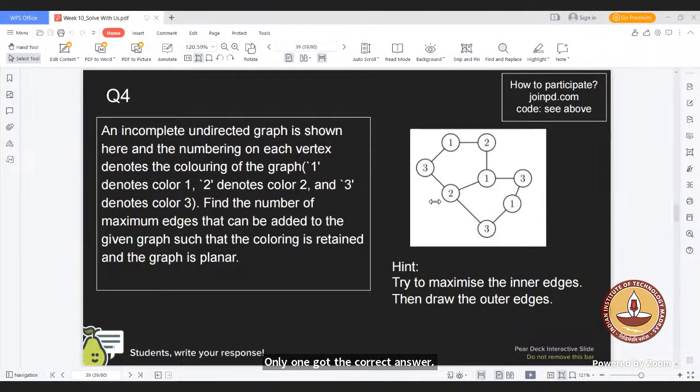No, outer edges also can't intersect. No edges can intersect. Okay. If we consider the three colors as a matrix, 3 by 3, can you find the answers? No, you can just try to draw the edges directly from the graph.